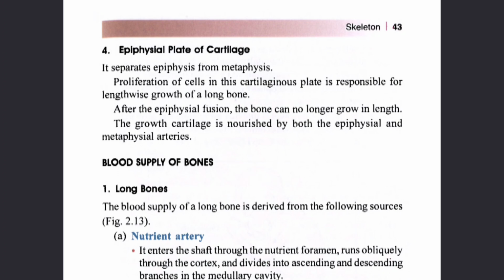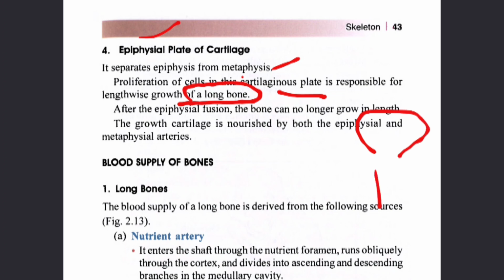Then we'll go to the epiphyseal plate of cartilage. What is its function? It separates the epiphysis from the metaphysis. Remember the plate is present between the epiphysis and the metaphysis. That is called the epiphyseal plate of cartilage. Proliferation of cells in this cartilaginous plate is responsible for the lengthwise growth of a long bone. See carefully. This is the epiphysis, this is the metaphysis, and here between is the plate.